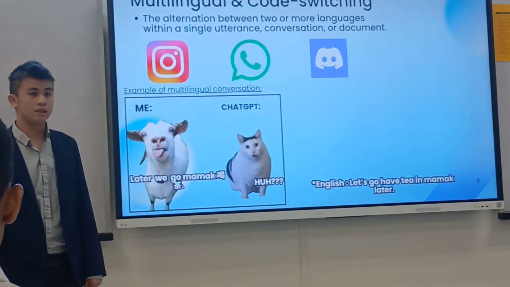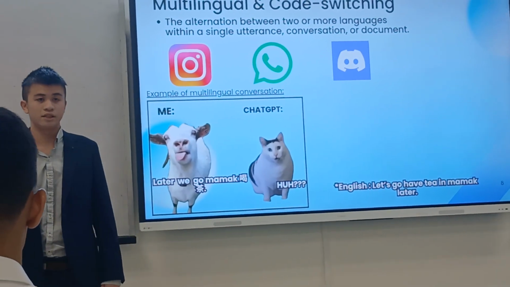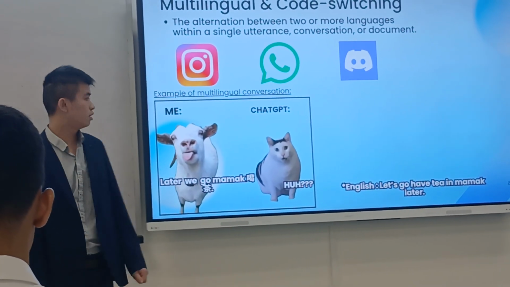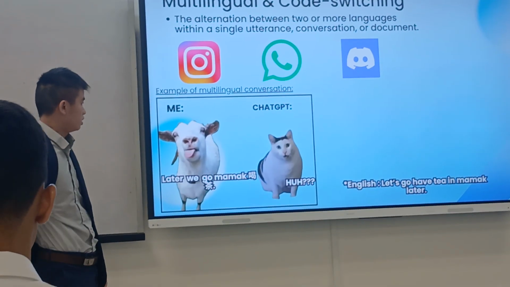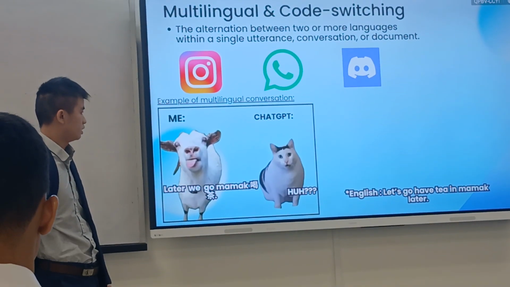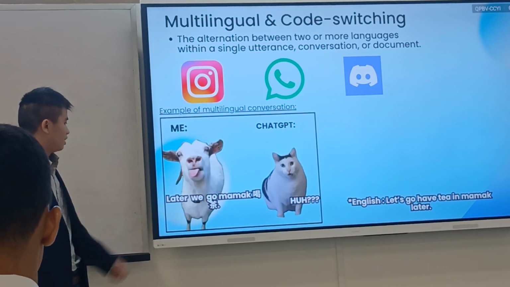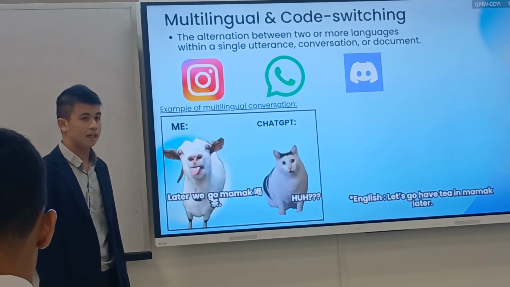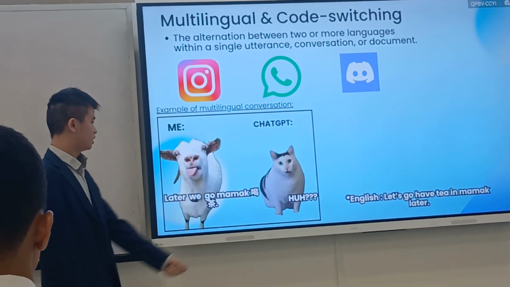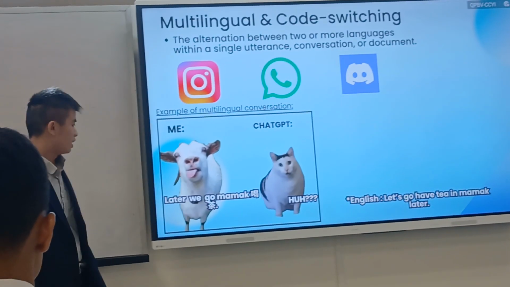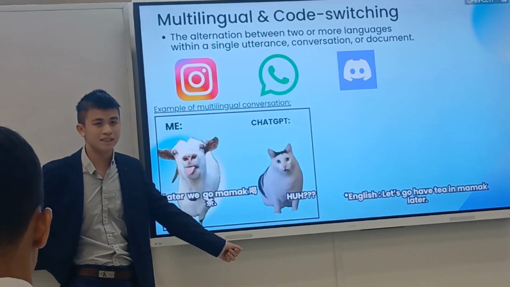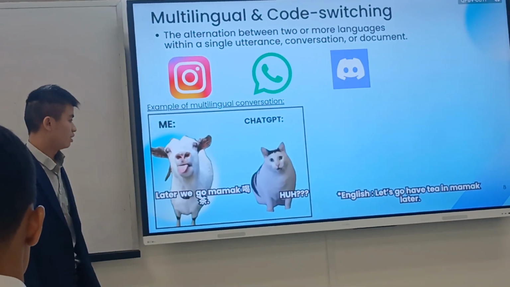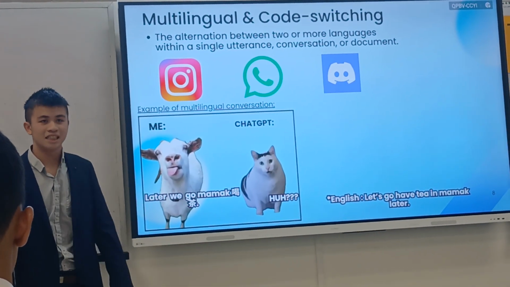It is because the computer can't understand the human text and languages. Example of multilingual conversation, you see this picture, later we go mama, her cha, and ChatGPT won't understand and respond. Next.